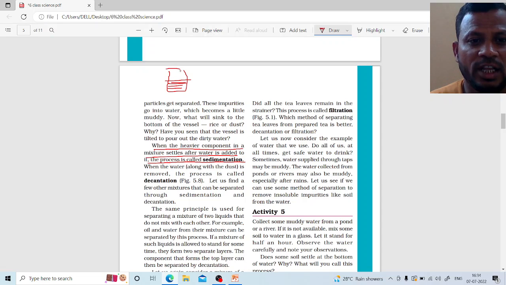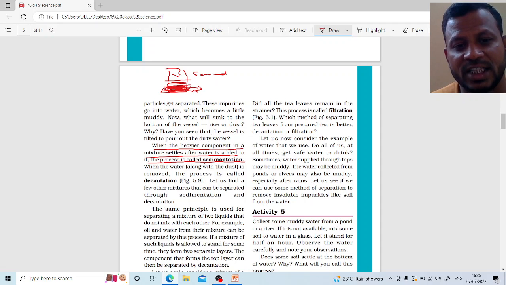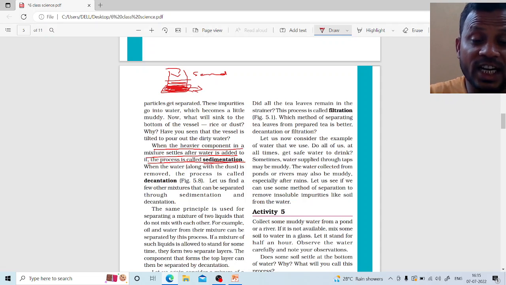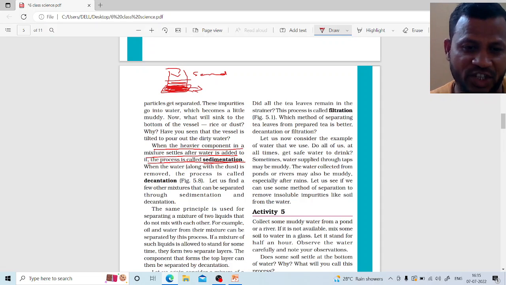After that, add some sand to that glass. Slowly you will see that all the sand settles down at the bottom after a few minutes. Why? Because the sand is heavier than the water. The settlement of sand at the bottom of the glass is nothing but sedimentation. Settling down of the heavier particles at the bottom of the container is known as sedimentation.